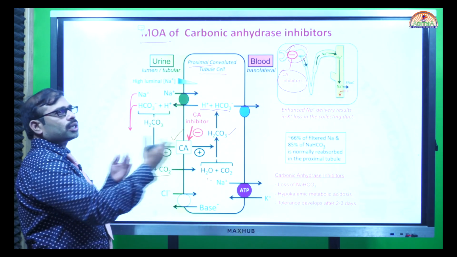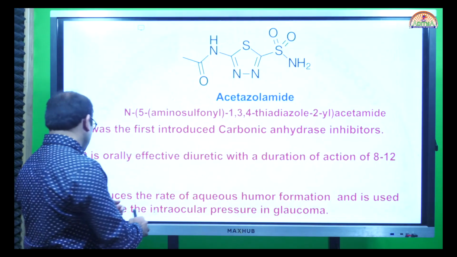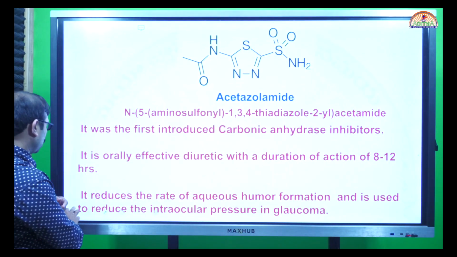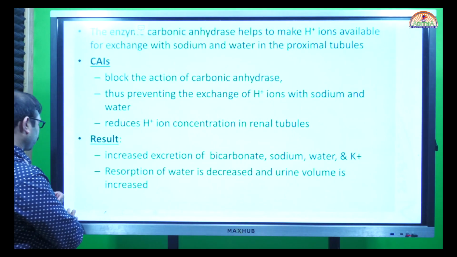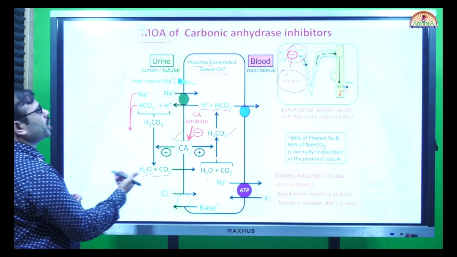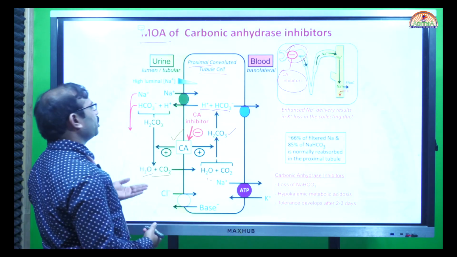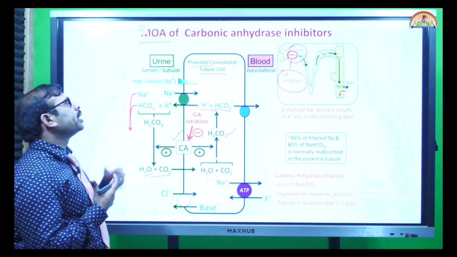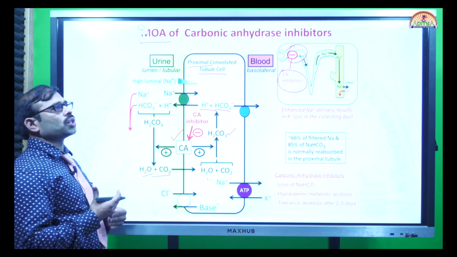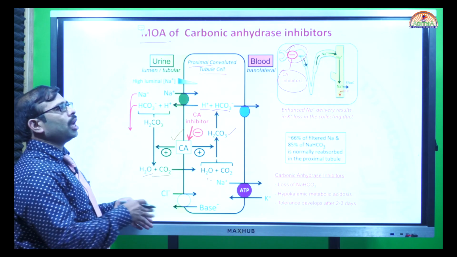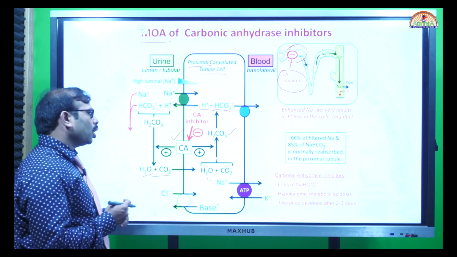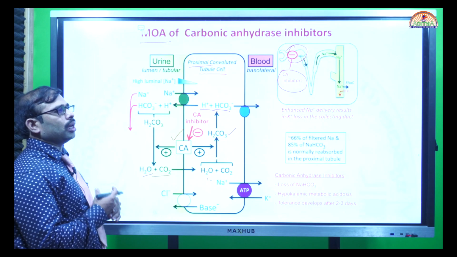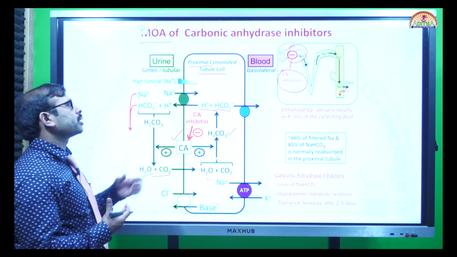That means the extent of sodium ions will move towards the urine. So the sodium ion concentration will increase in the urine, and the sodium ions will be eliminated through the urine in high excess concentration.